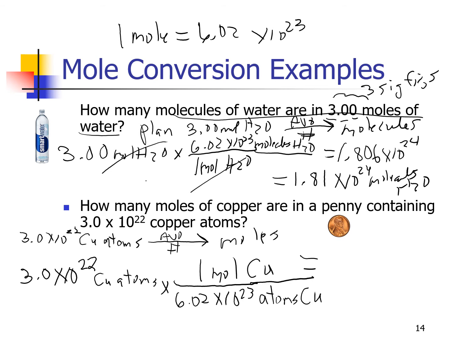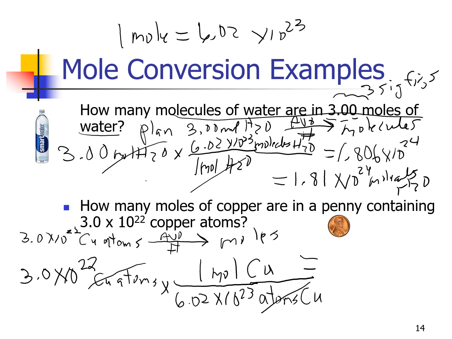So in this case, we're going to be dividing, and then our atoms of copper will cancel, and then we just divide our numbers. 3.0 times 10 to the 22 divided by 6.02 times 10 to the 23rd, and that'll give us moles of copper.